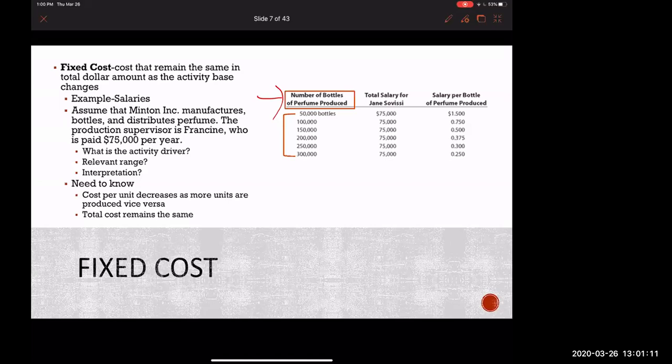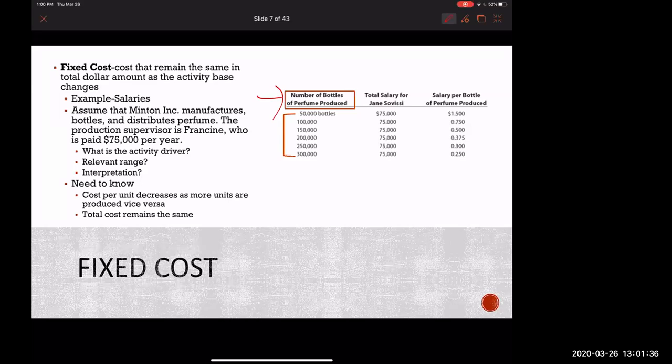All right. So here's my interpretation of what's going on. As the company produces more bottles, from 50,000 to 300,000 bottles, the fixed cost, which is Jane's salary, decreases per unit, right?